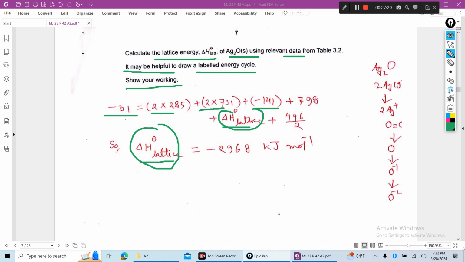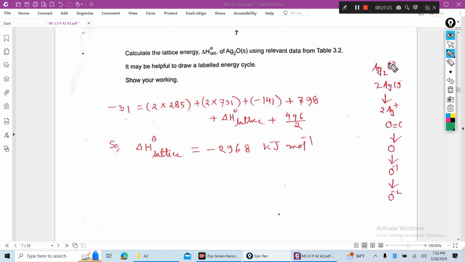Okay, now you see, first silver oxide will form from 2Ag, then 2Ag will form 2Ag+, ionization, oxygen double bond breaks, one oxygen atom will be formed, then oxygen gains one electron, first electron affinity of oxygen, O- to O2-, second electron affinity.